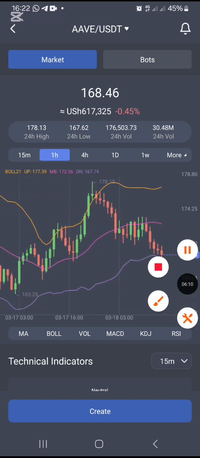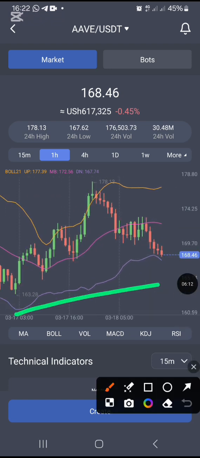When the market approaches the lower band, it has approached an area of oversold, a region which is oversold. When I'm talking about RSI, I'll talk about oversold and overbought.